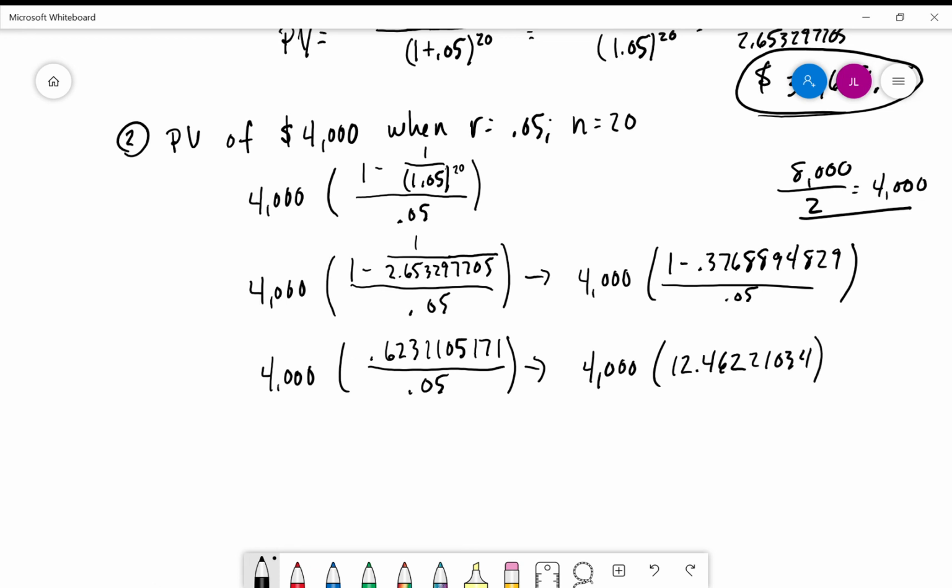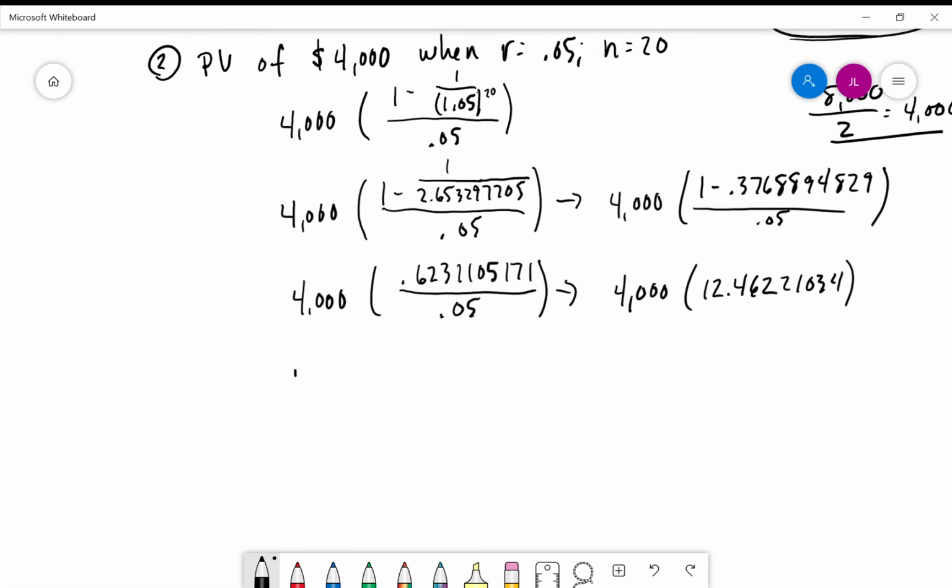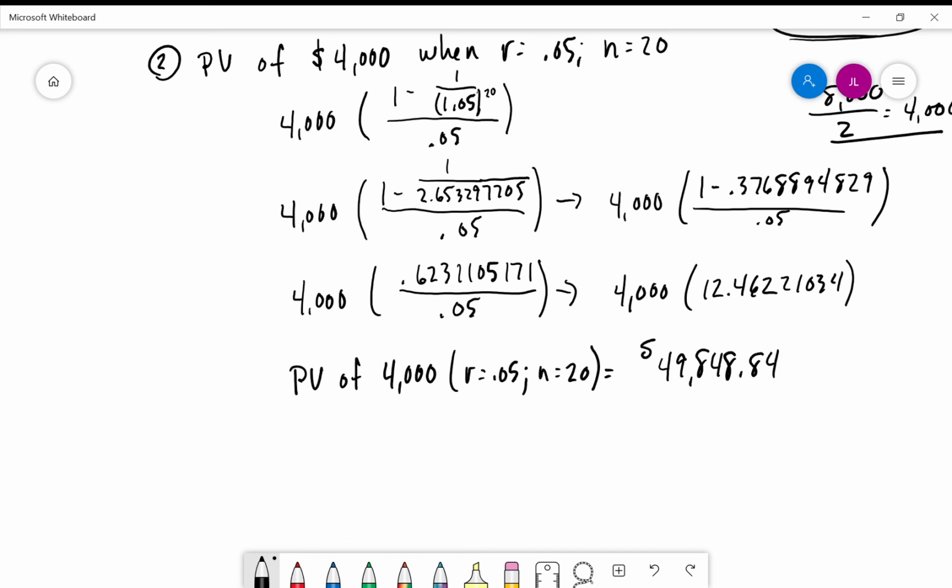And the final step in multiplication means our present value of 4,000 with a rate of 0.05 and 20 periods is $49,848.84. Okay. So this is the present value of those interest payments we're going to be making, those coupon payments of $4,000.